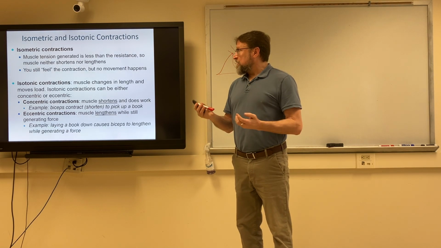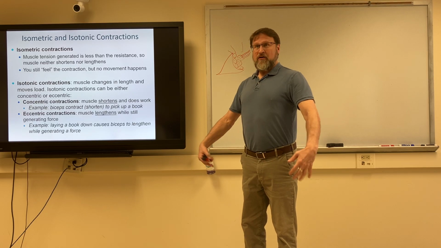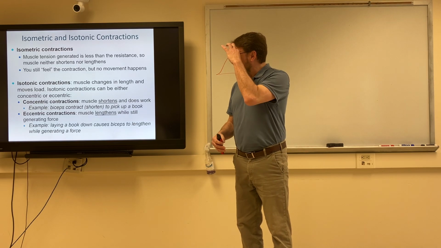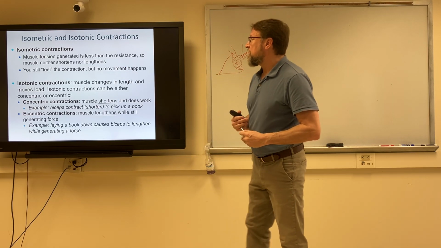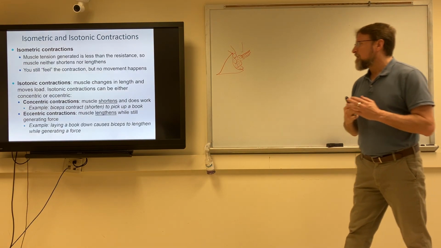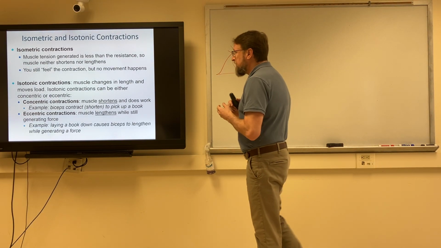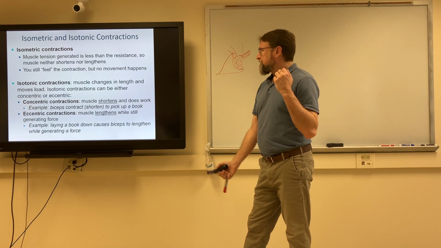But more commonly, we're going to use it isometrically: abdomen, back, neck, or just contracting and holding up my legs. When I start moving, I go into isotonic. So isometric by name means same length. Metric means length. Isotonic means same tone. So tone means we're still contracting, but the muscle will change in length.